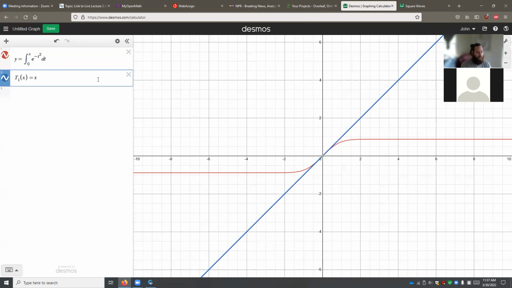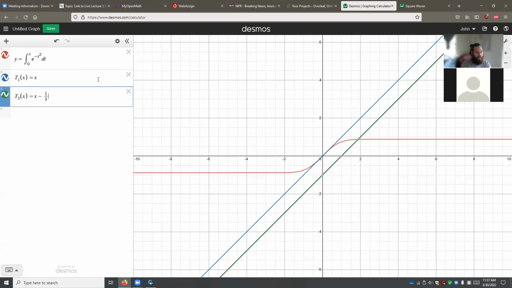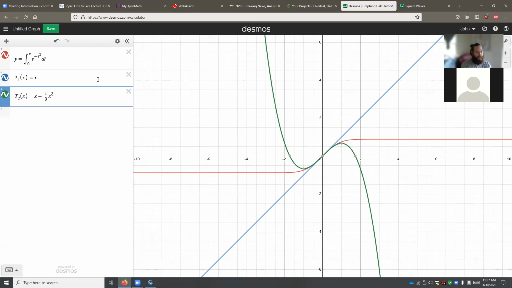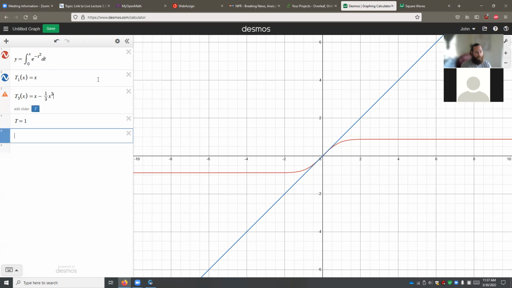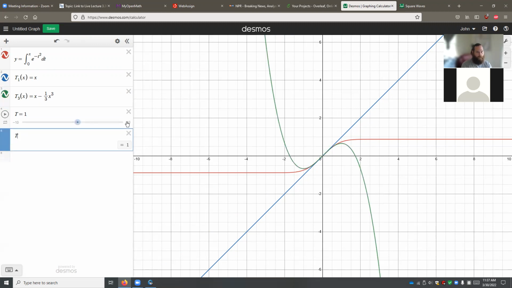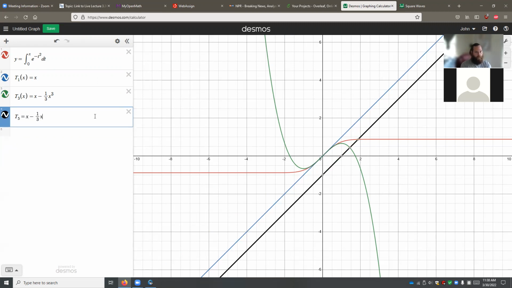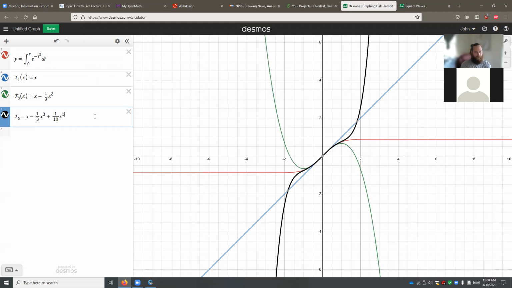Would just be x. T3 of x would be x minus 1/3 x cubed. Oh, sorry, not T2, it's T3. T5 is x minus 1/3 x cubed plus 1/10 x to the 5.